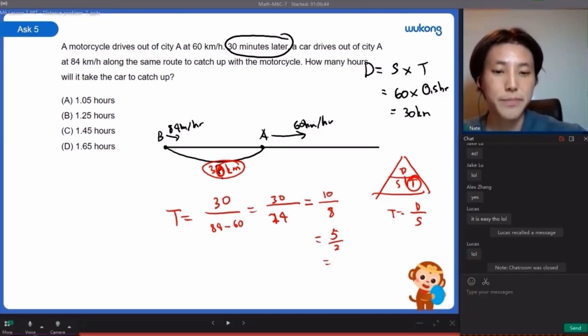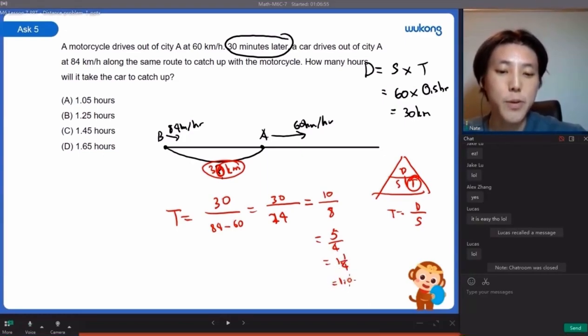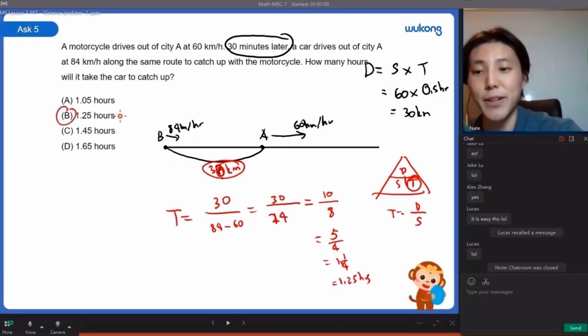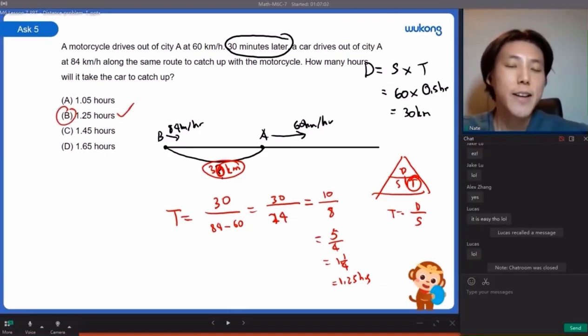That's 4. Now, that's going to be 1 and a quarter, so that's 1.25 hours. And that's why B is the correct answer here. B will catch up with A after 1.25 hours, 1 and a quarter hours.